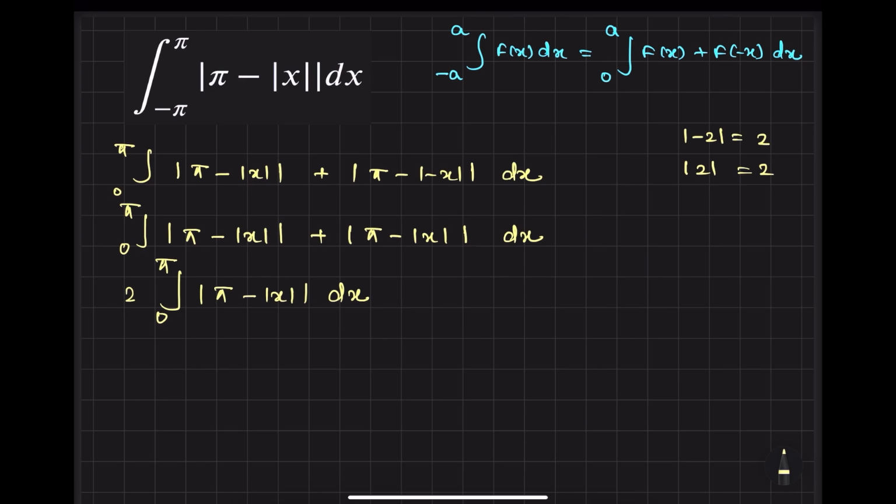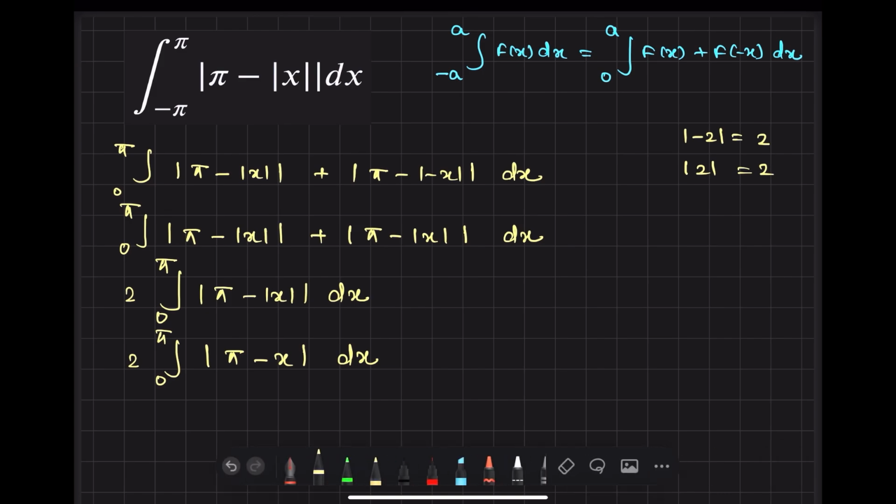If x is a positive number, we don't require the mod over here, because it will open directly. So 2 times the integration from 0 to pi of mod (pi minus x) dx. So we get rid of this mod.